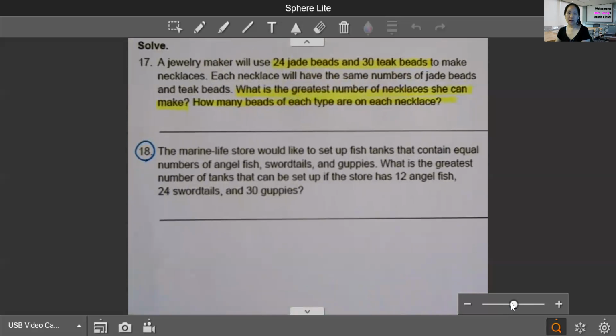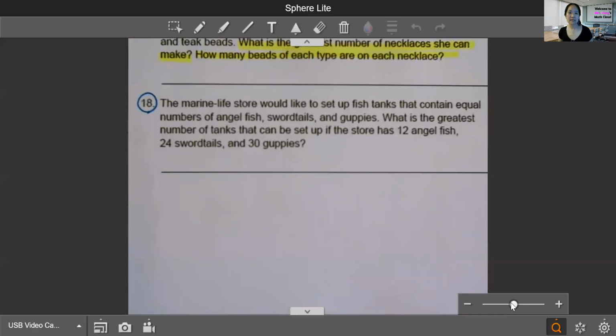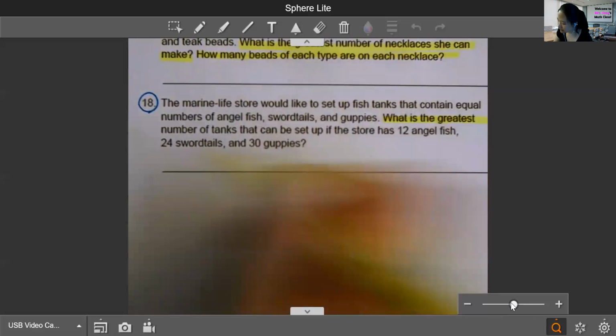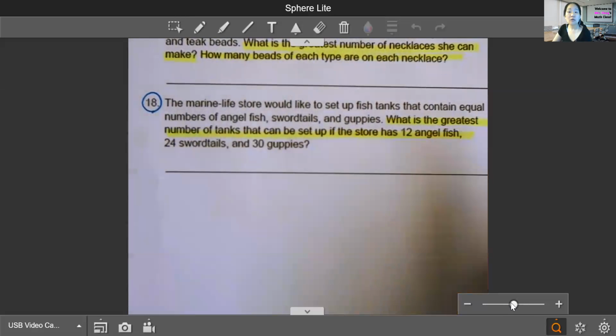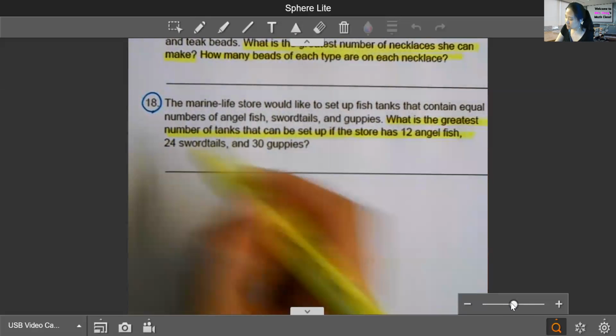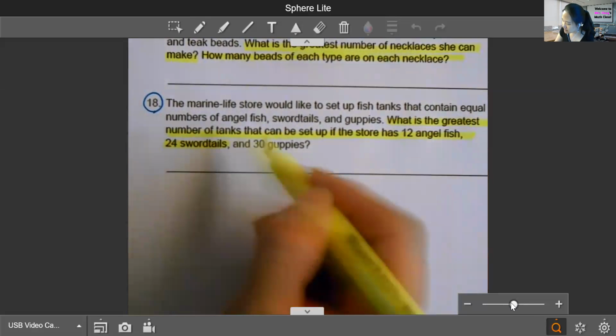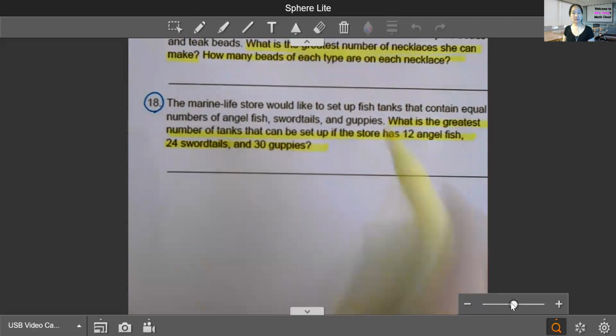Okay, it says the marine life store would like to set up fish tanks that contain equal numbers of angelfish, swordtails, and guppies. What is the greatest number of tanks that can be set up if the store has 12 angelfish, 24 swordtails, and 30 guppies?